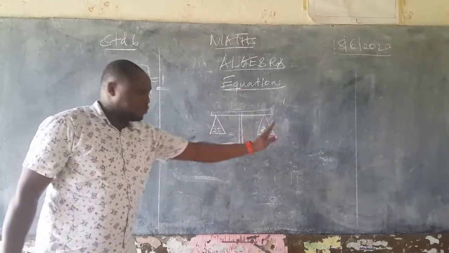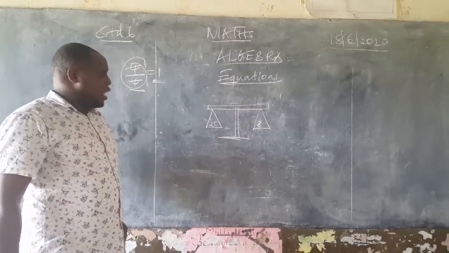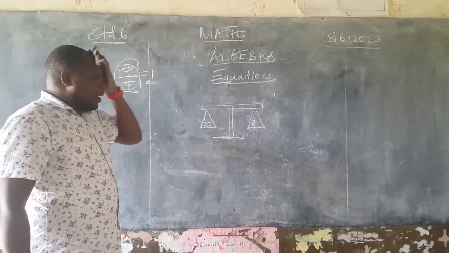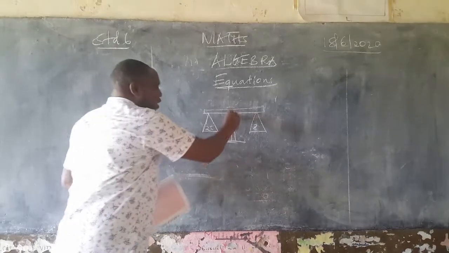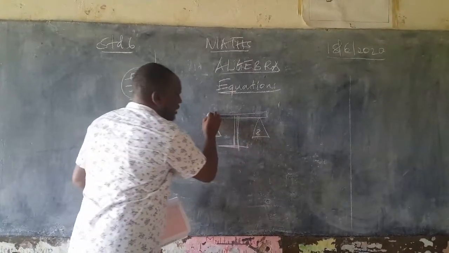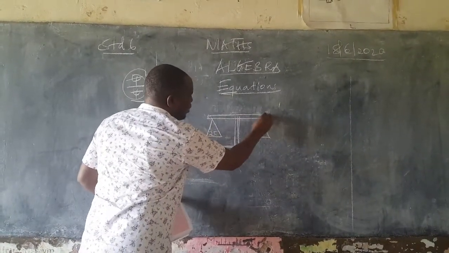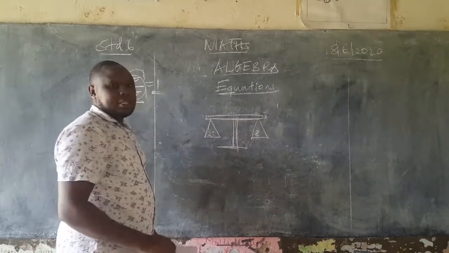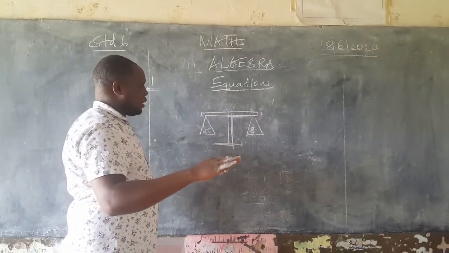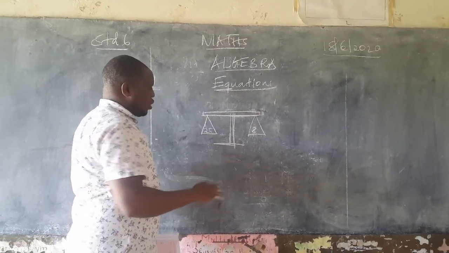This side is equivalent to that side. So this one represents an equal sign. If they are balanced, this is at what we call equilibrium, meaning that it's at the same angle.